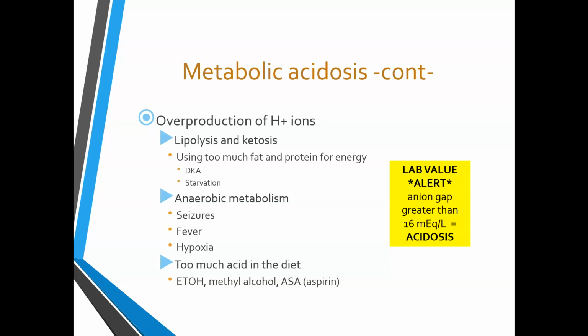It can happen through anaerobic metabolism, which happens during seizures, fever, and hypoxia, but also having too much acid in a person's diet or what they intake, and that could be through alcohol, methyl alcohol, and aspirin. And also too, that we've spoke a little bit about, is even fad diets like the keto diet.